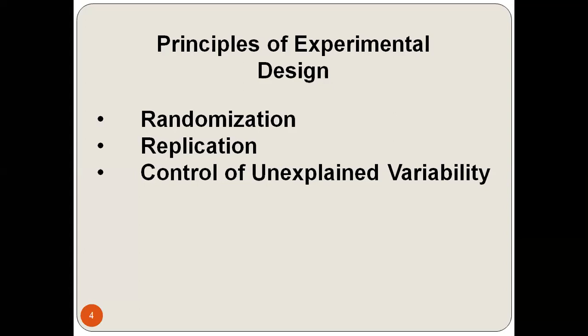So the units which have been treated similarly, if we find variability in those units, that is basically called error variance. Then at last we talked about control of experimental error, or control of unexplained variable. How we can control any experiment before we do the experiment.